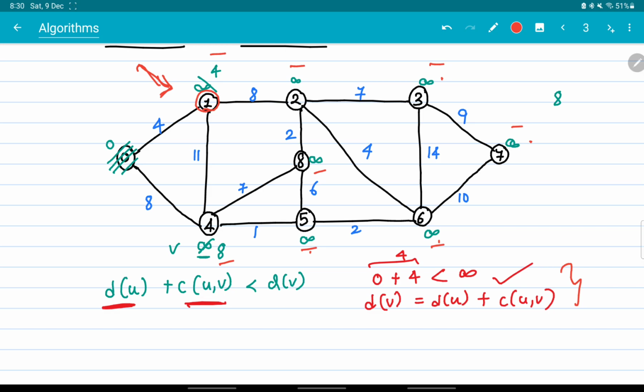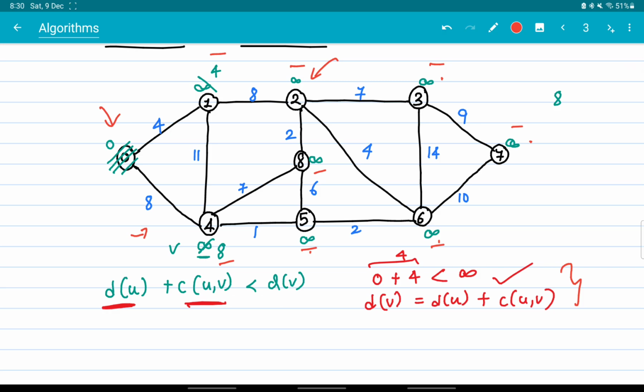Now my vertex 1 becomes my main starting vertex. Okay. So now from vertex 1, which are the vertices that are directly attached to this vertex 1? If you can see here, vertex 0, 2 and 4. There are 3 vertices that are directly attached to vertex 1.